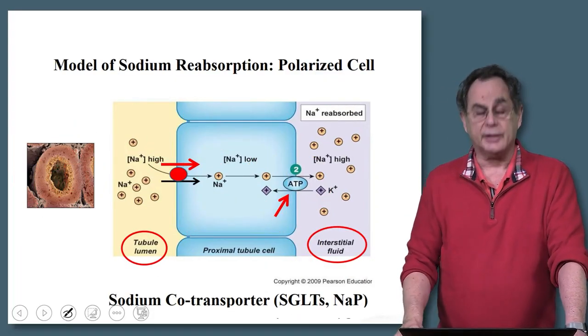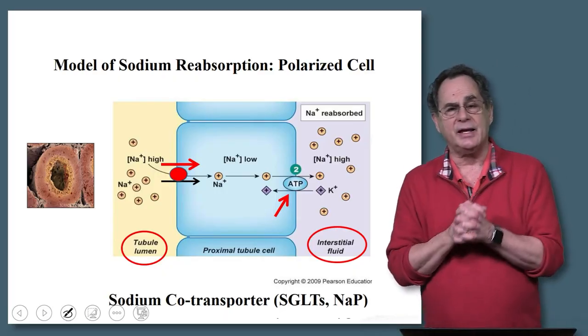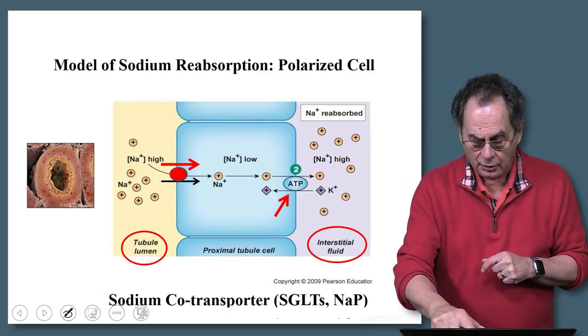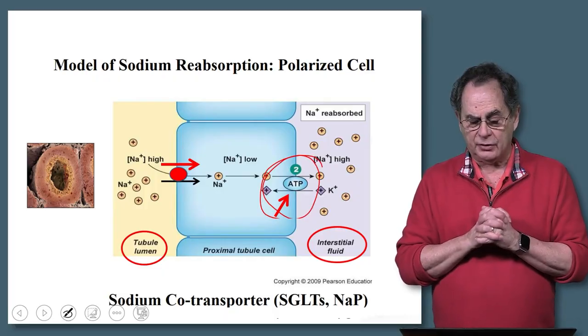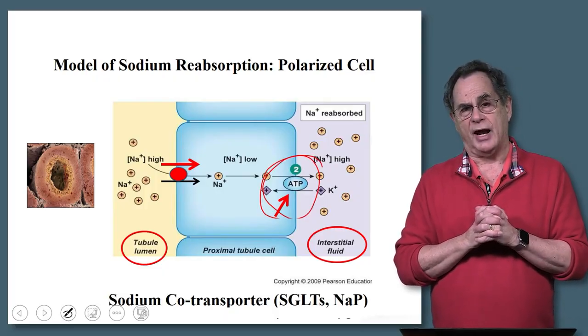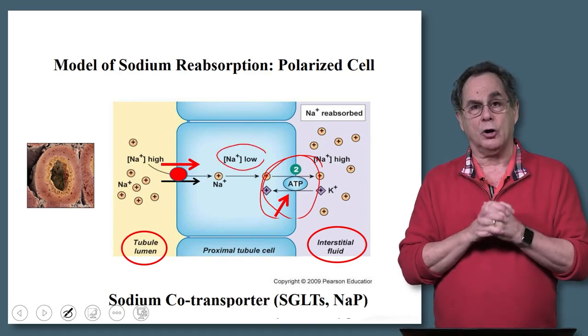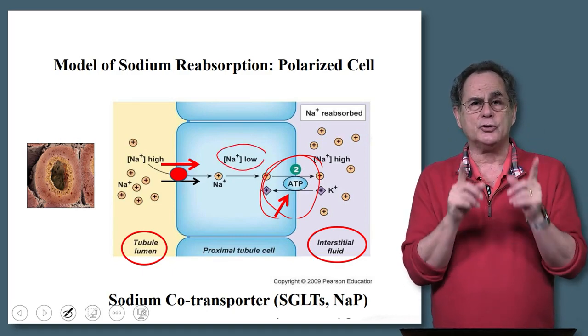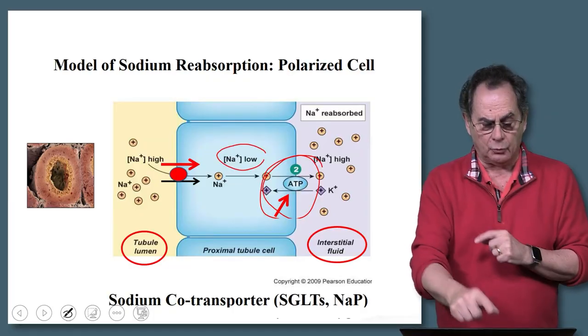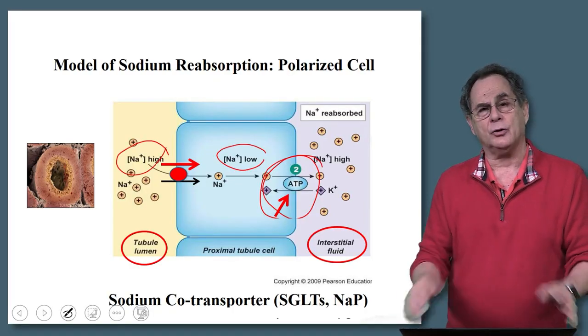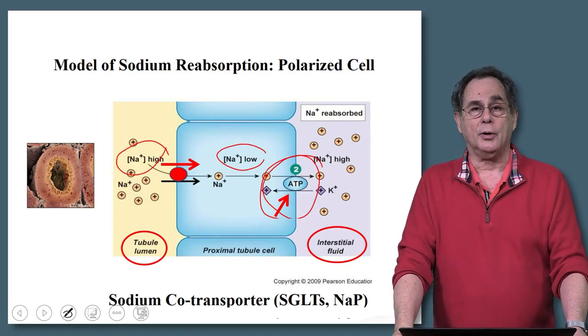So here's another kind of transporter. Again, the key thing to remember is that ATP-driven sodium-potassium exchange in the basolateral membrane maintains a low sodium concentration, providing the concentration gradient for sodium reabsorption, which is high in the luminal compartment.